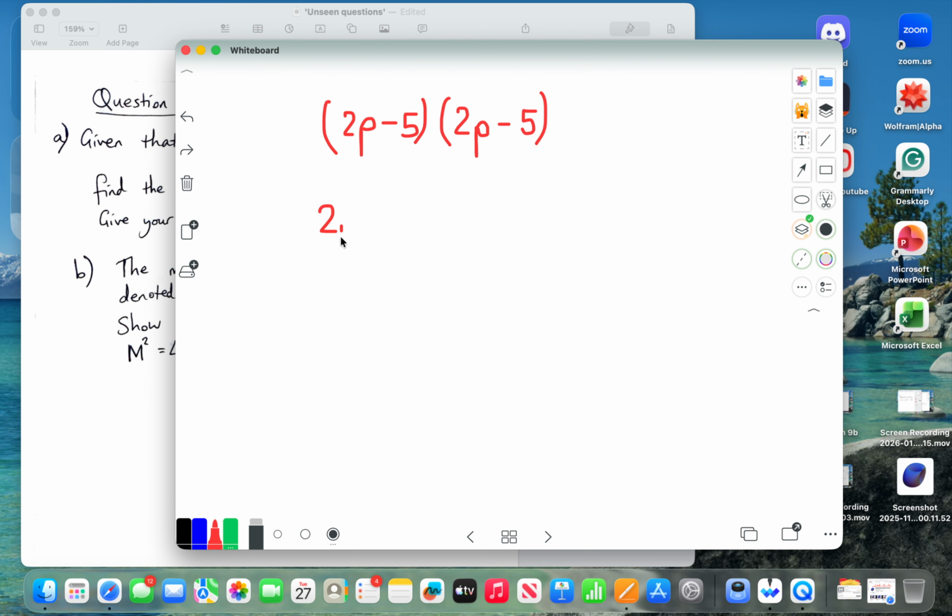So 2p, now 2p minus 5 means 2p plus minus 5. So let's do 2p and minus 5. These two adding to make 2p minus 5. Again, and 2p minus 5.